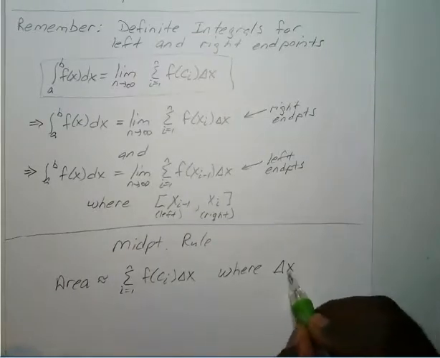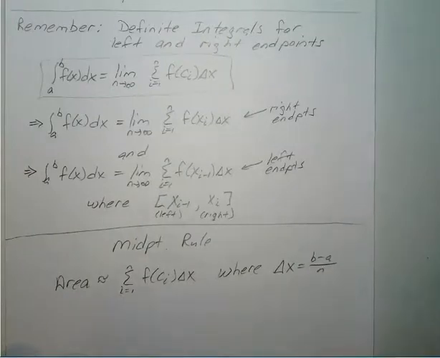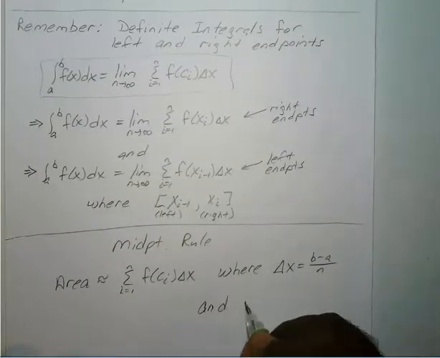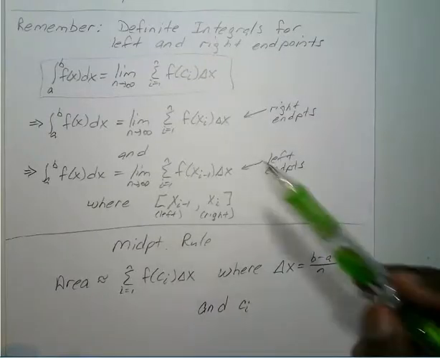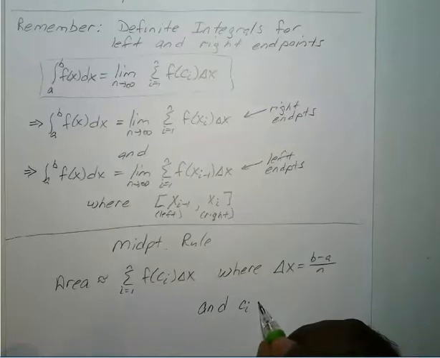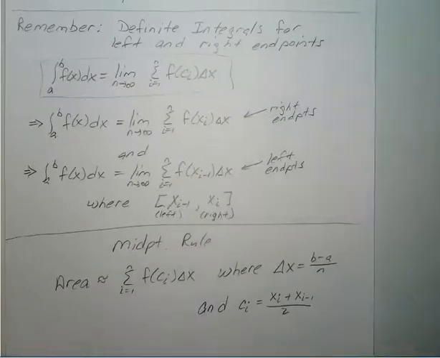Our delta x is still equal to b minus a divided by n. But in this case, our c sub i is not x sub i or x sub i minus 1. Our c sub i is equal to x sub i plus x sub i minus 1 divided by 2, the midpoint between our left and right endpoint.